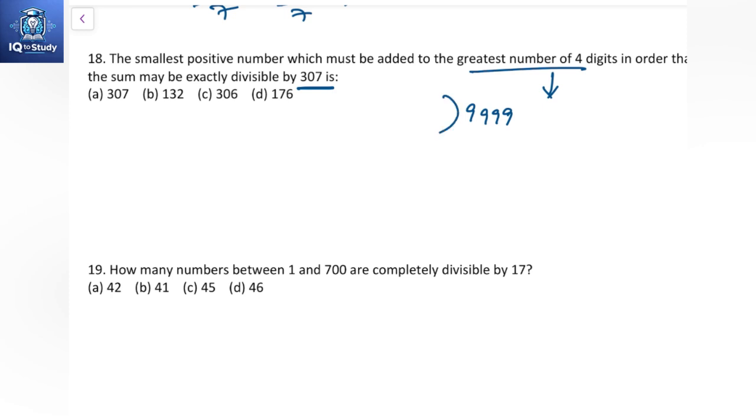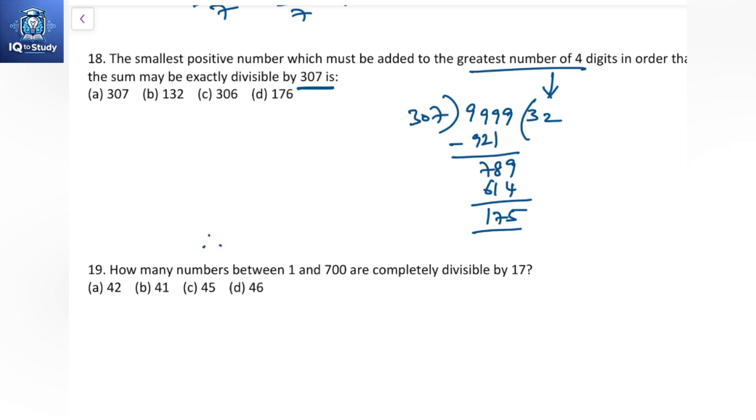When divided by 307, the quotient is 32 and the remainder is 175.